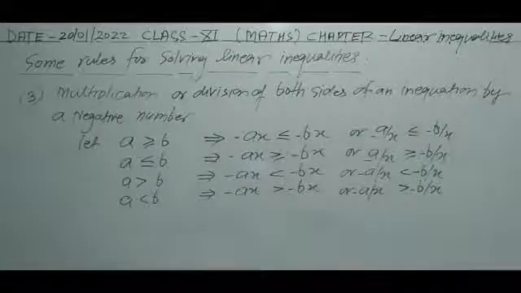Now I will come to the fourth part. The fourth part is, we can say in this inequality also, the inequality sign is reversed on multiplication or division of two sides by a negative number.